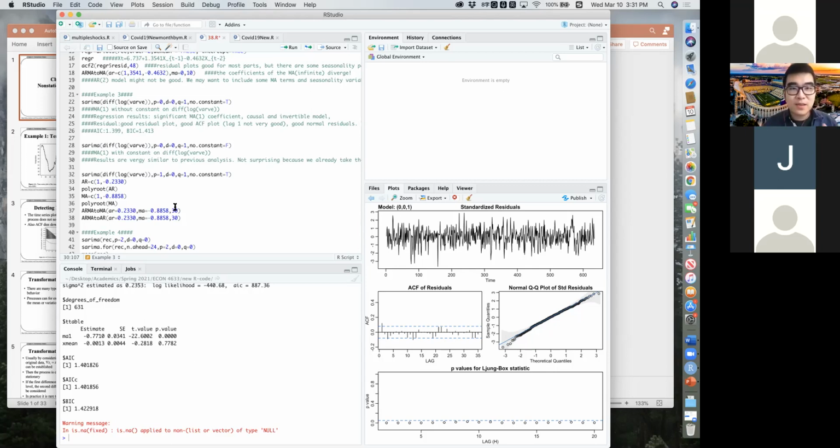But we see that there are some issues with this model, especially this LB statistic and a little bit of the ACF residual plots.